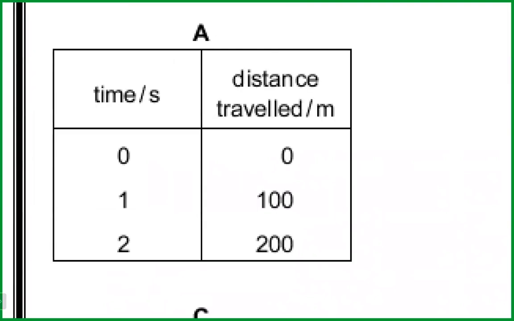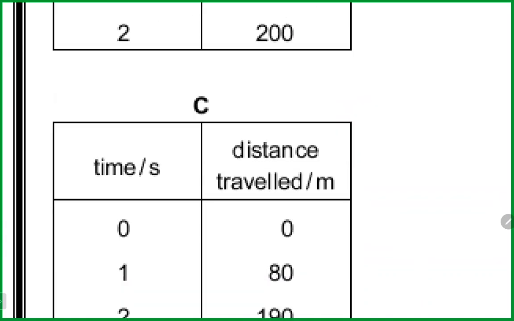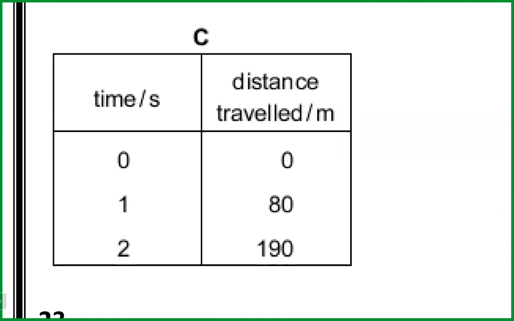This car starts from zero, and in 1 second, how much distance does it travel? 100 meters. And in the second, how much distance has it traveled from 1 to 2? 100 meters. So it is traveling with a constant speed. Yes. Okay, look at this one. How much distance did this car travel in the first second?